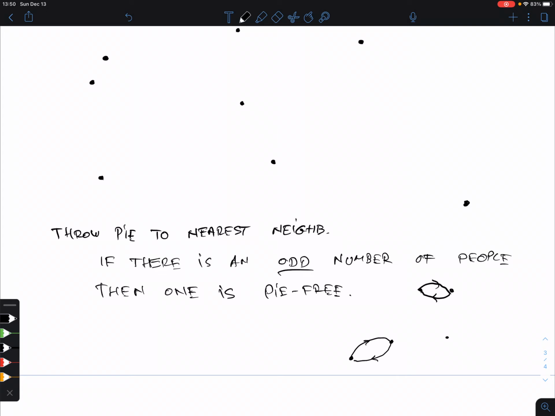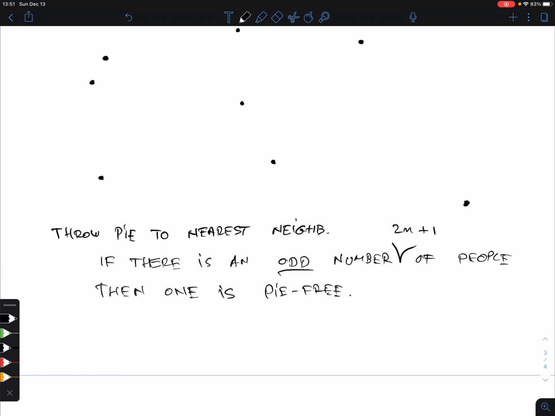Okay, so we want to prove this now by induction. Okay, so this is a statement. An odd number n. Now, how does an odd number look like? We know that an odd number looks like 2n plus 1. So I'm already going to make it in this way.